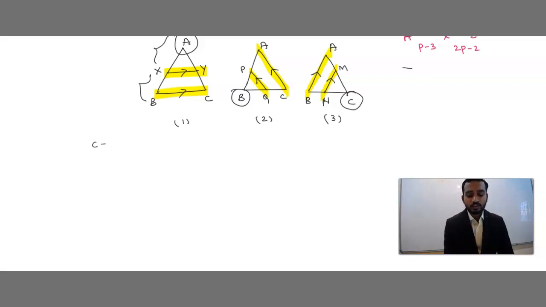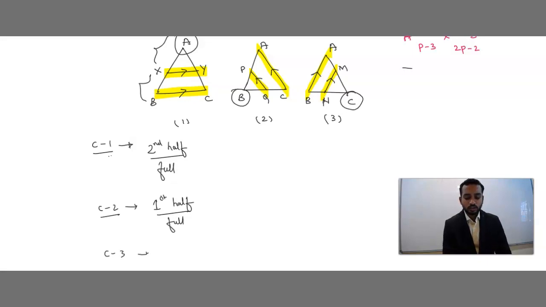Now let me say corollary 1. What is the logic? The logic is very simple: second half by full. Corollary 2: first half by full.